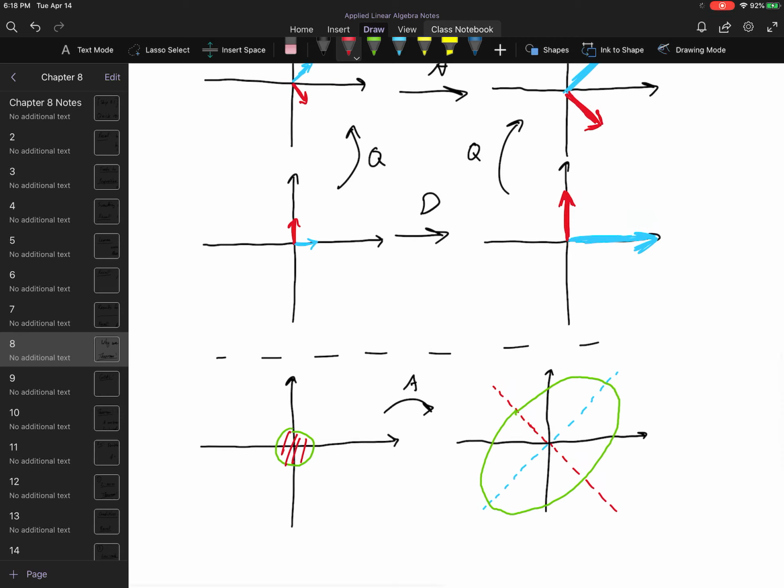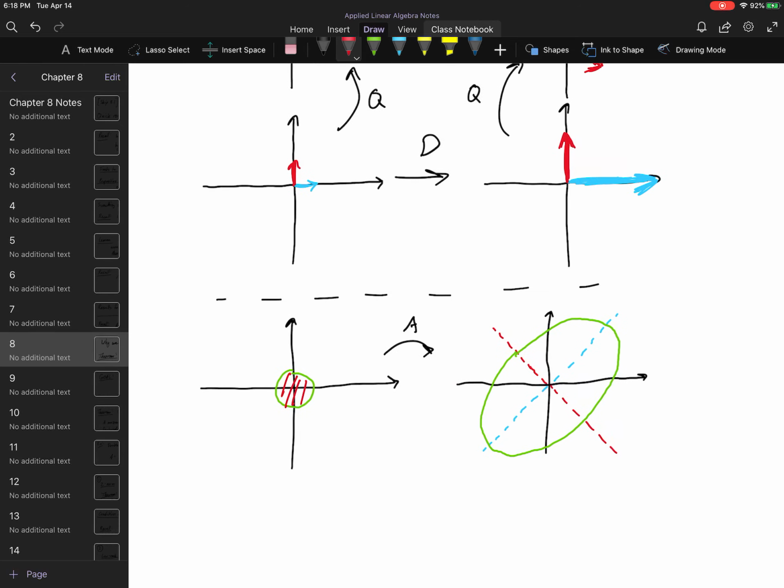But if I think about this in terms of a circle, or how this transformation affects an entire collection of vectors sitting inside of a disk, then I'm rotating a disk, scaling out the disk by different amounts in different coordinate directions, and then rotating this new object, which is an ellipse. So this Q D Q transpose decomposition is telling us a lot about the geometry of what this transformation does.